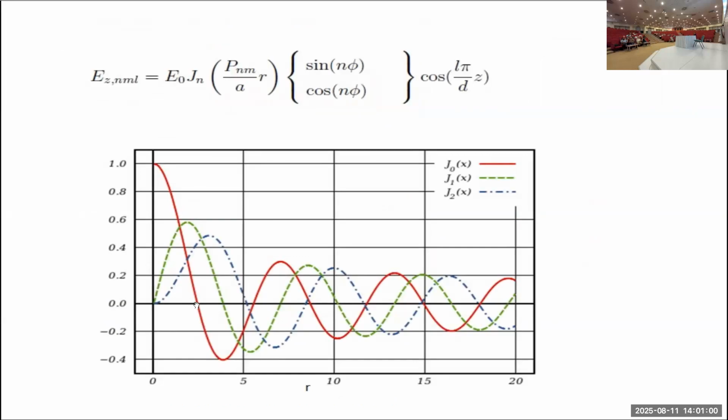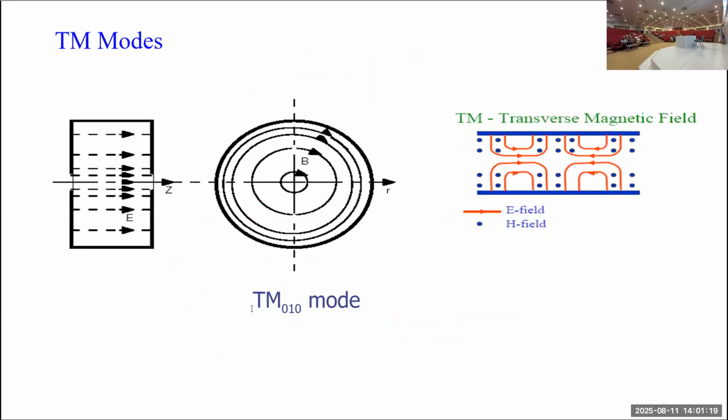It is minimum at this point, which is the first zero of the Bessel function. Then there is another intensity maximum, which is at this point. And it is again minimum, or zero, at the walls of the cylindrical cavity or waveguide.